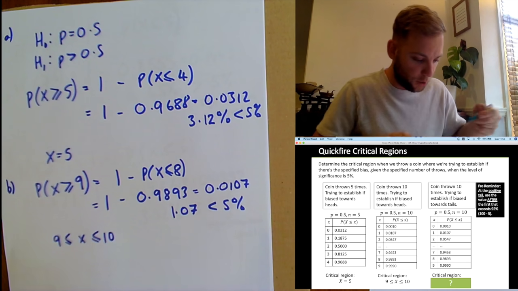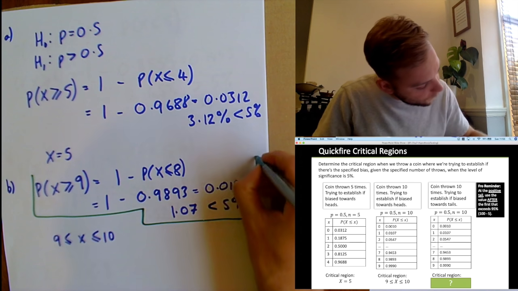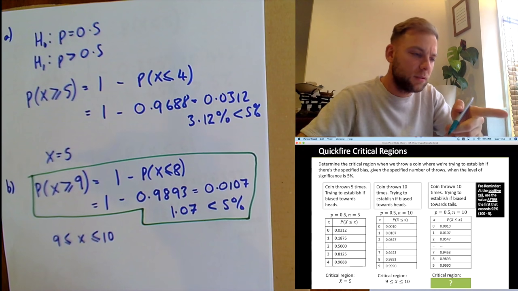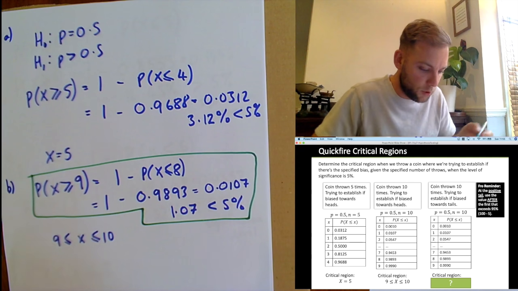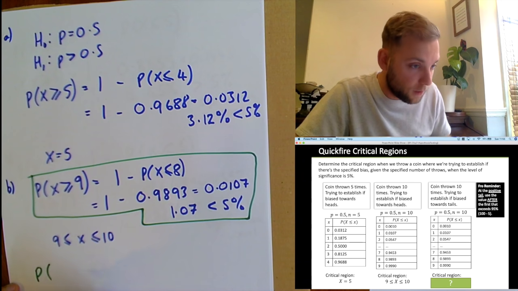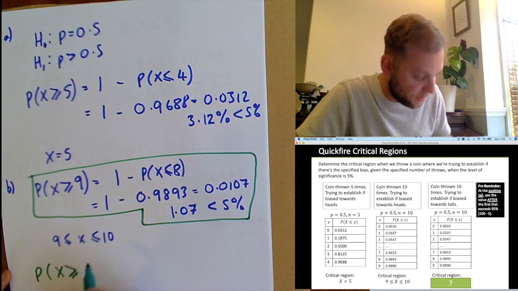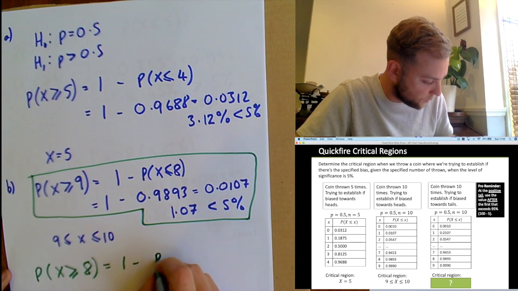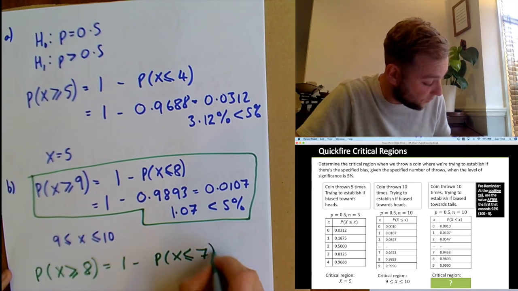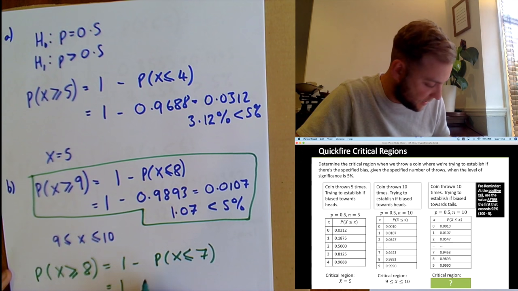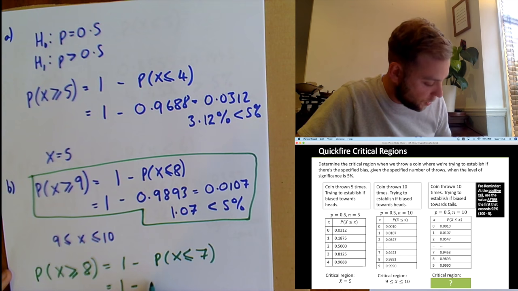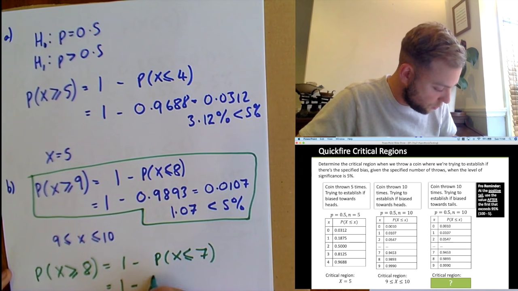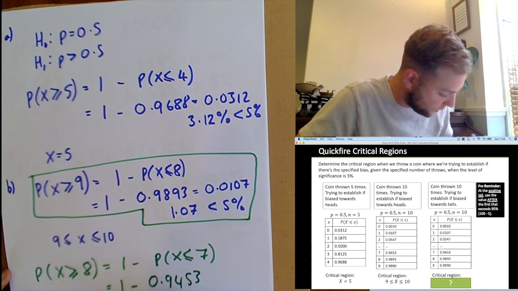Okay, I'm just going to show you why this works. Because you might say, well, 8, why doesn't that one work? Well, the probability of x being greater than or equal to 8 is equal to 1 minus the probability of x being less than or equal to 7. The probability of less than or equal to 7 is 0.9453.